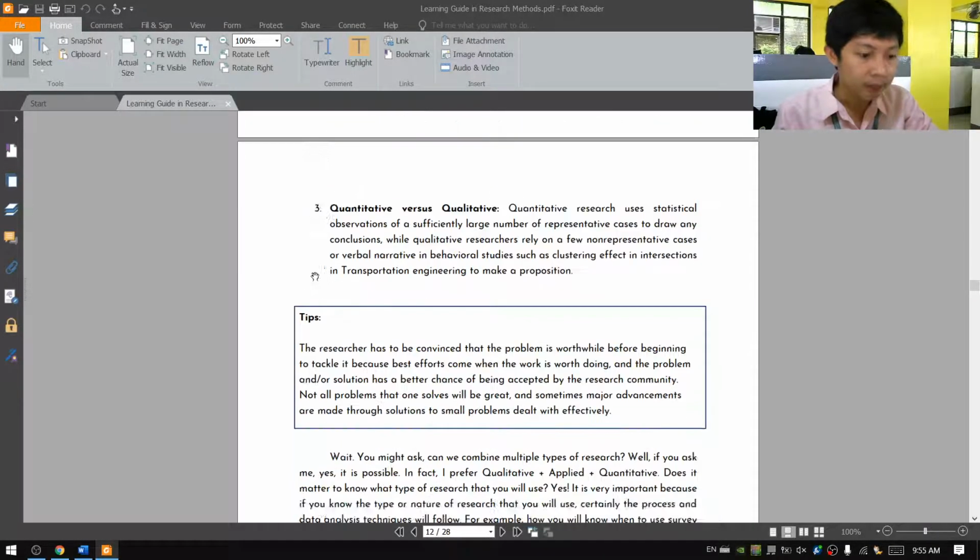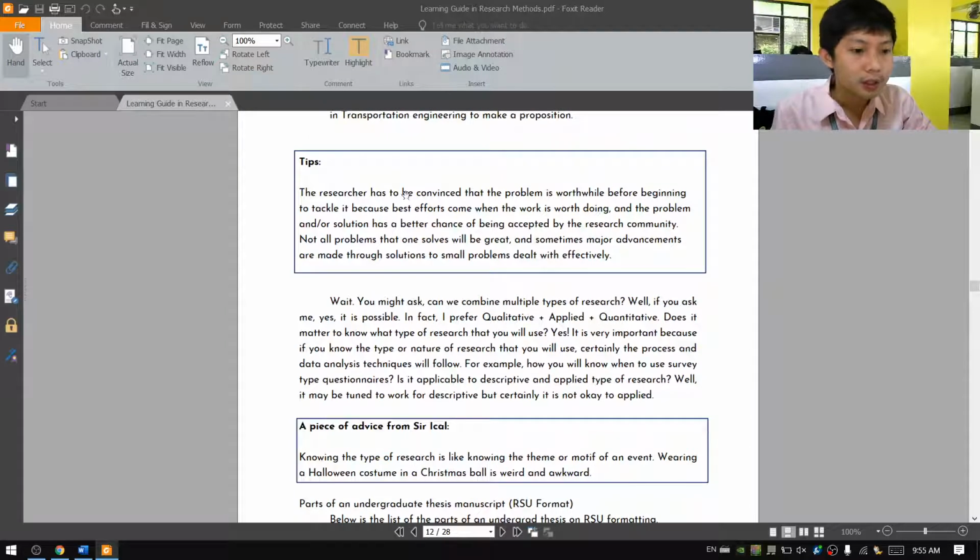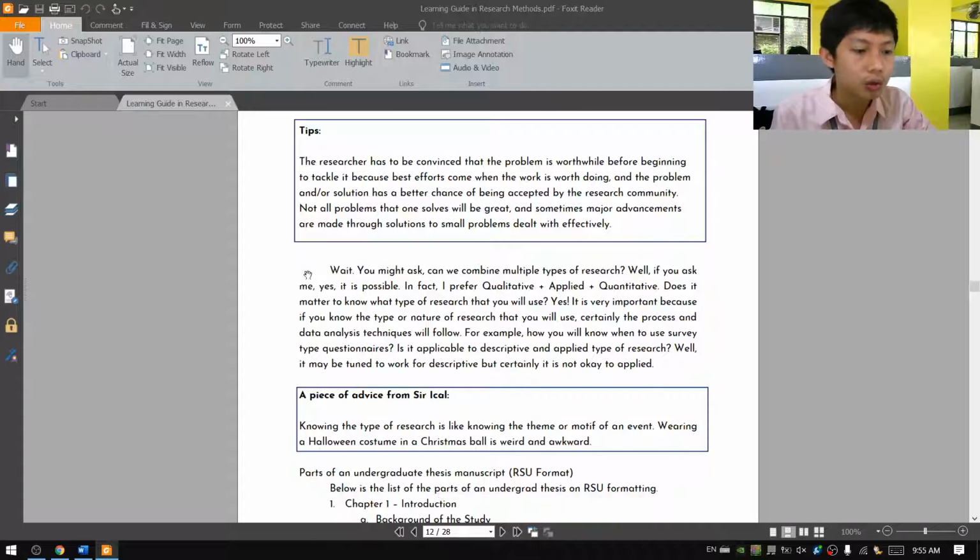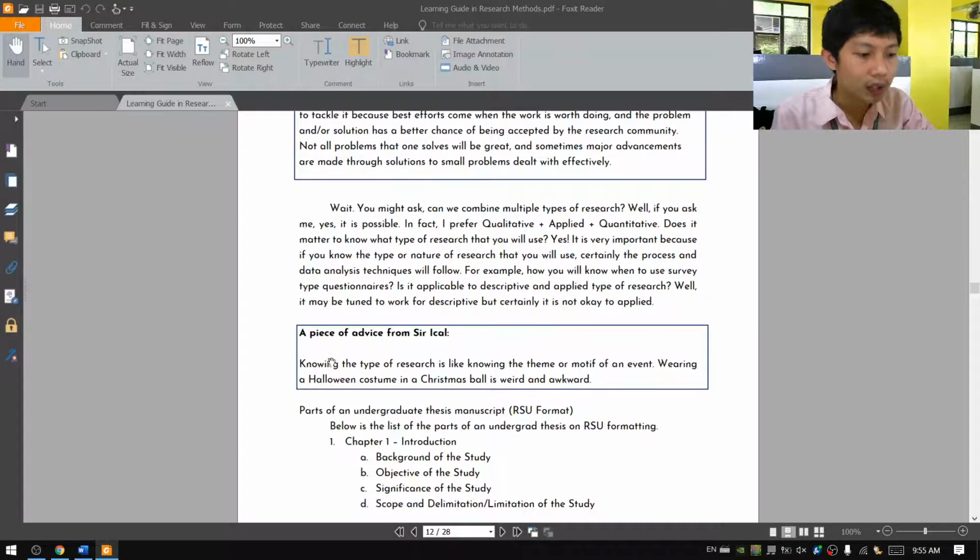The researcher has to be convinced that the problem is worthwhile before beginning to tackle it. That's why I already discussed in lesson 1 that you should answer the 4 questions, including why it is important.